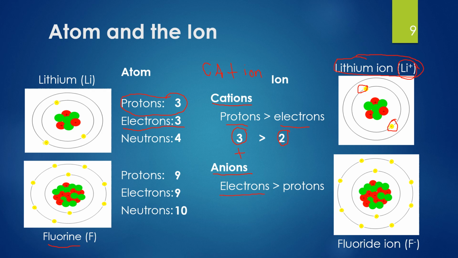In the case of anions, electrons are added to the atom so that there are more electrons than there are protons. Since electrons are negatively charged, this is going to give a negatively charged ion. So in the case of fluorine, the electrons went up to 10 and the protons remain the same.